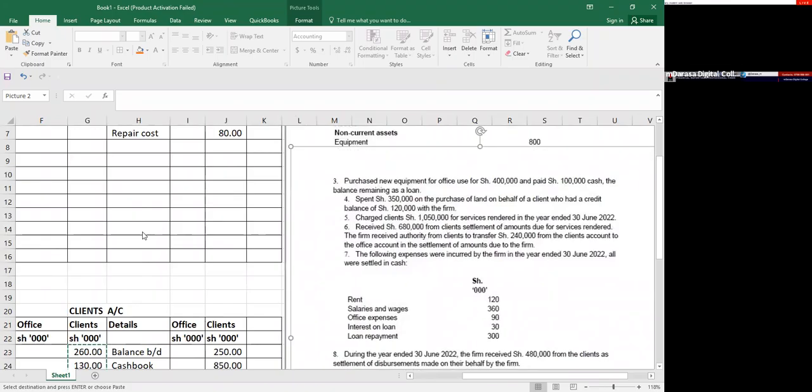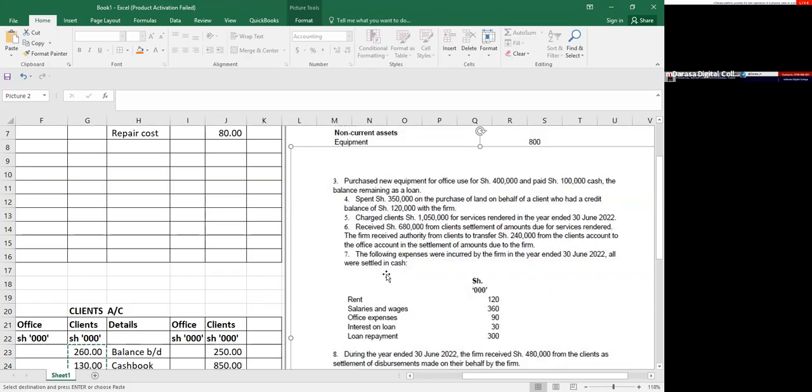So these are what you should have in mind, that first of all, we are talking of what? Purchase of what? Purchase of an equipment, right? So, of course, in this case, I'll be having our cash book and aspect of loan as well as equipment account.